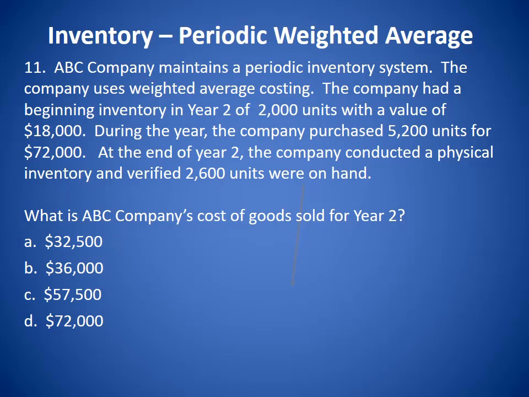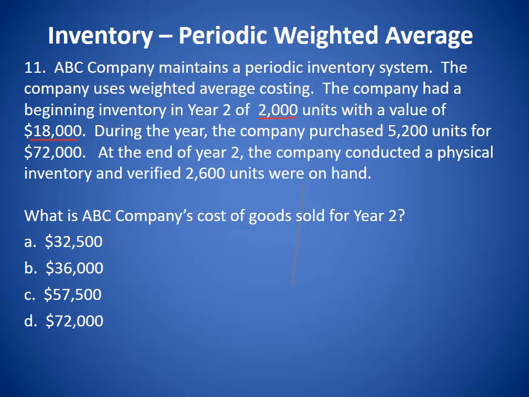We are told here that the company uses a weighted average costing method. The company had a beginning inventory value in year 2 of 2,000 units with a value of $18,000. Again, that number came from the previous year 1 ending inventory.